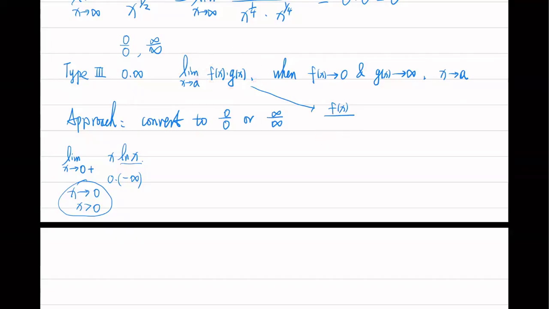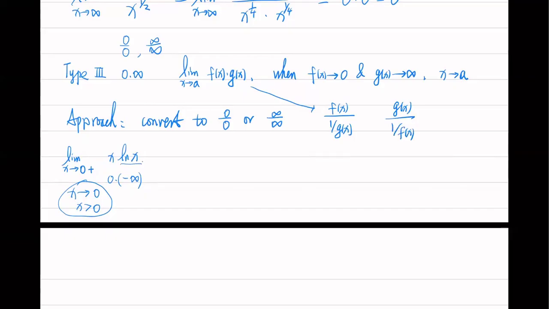The reciprocal is 1 over g(x), or 1 over f(x).